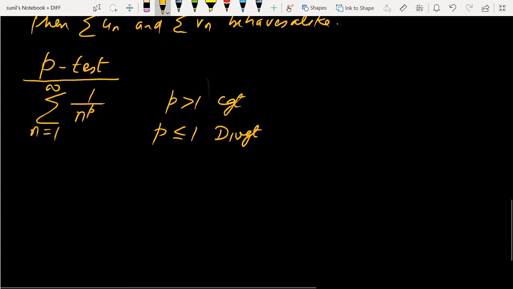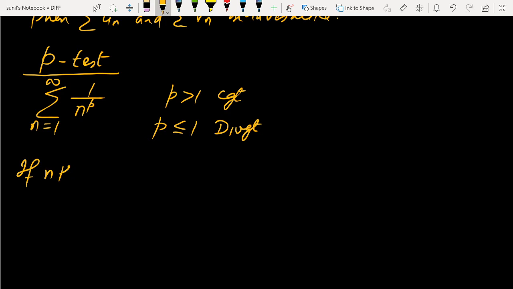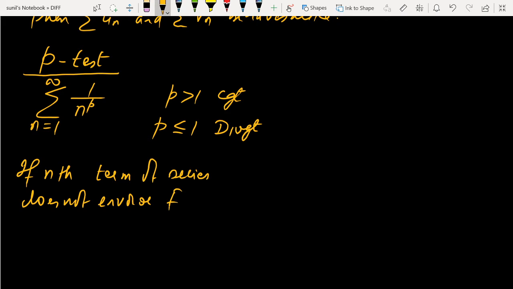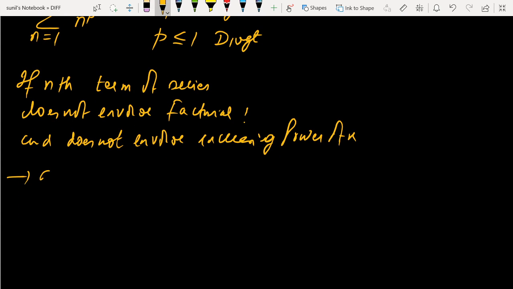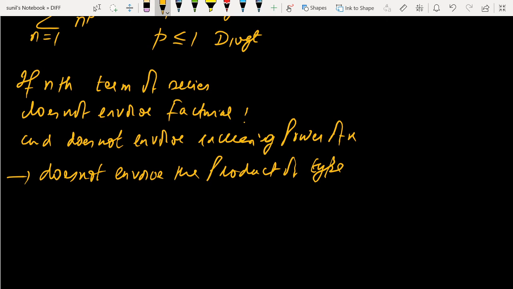Please note down that if the nth term of the series does not involve a factorial, and does not involve an increasing power of x, and also does not involve a product of the type 1 into 3 into ... into 2n minus 1, then we always prefer LCT, always use LCT, students.